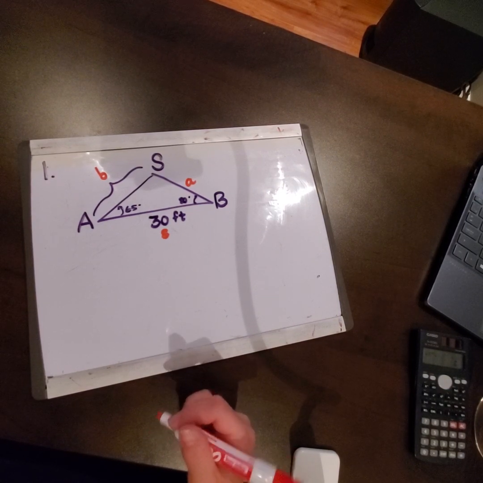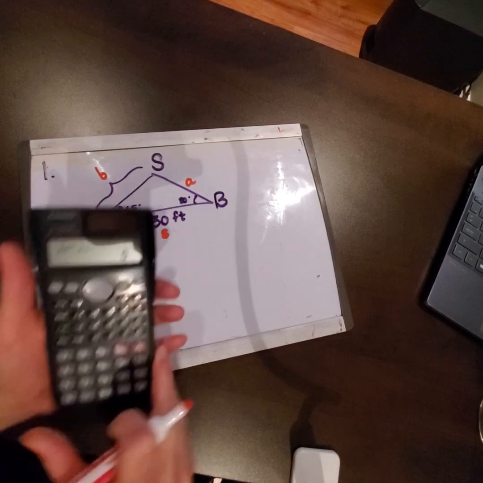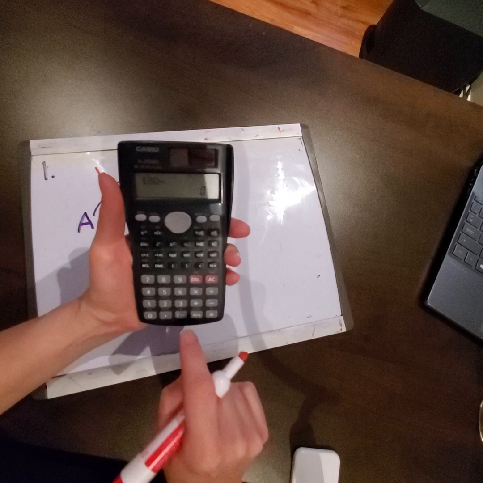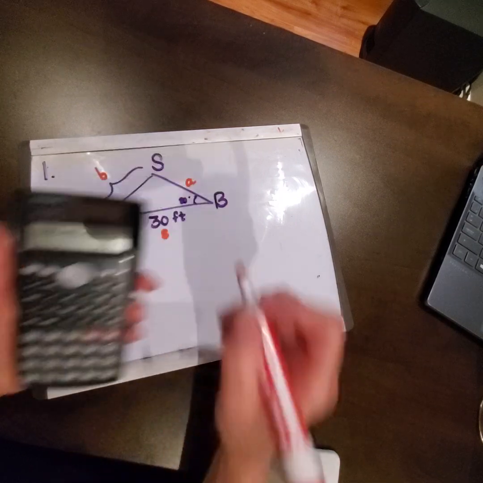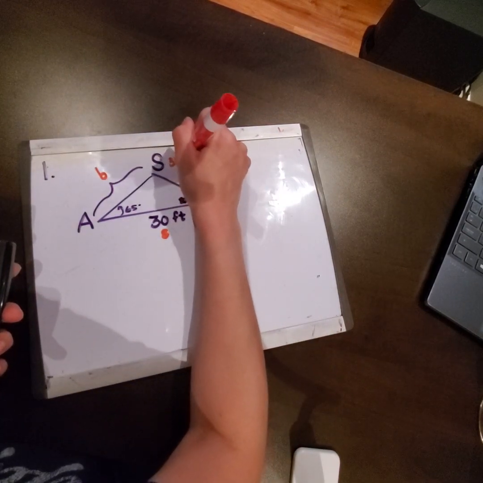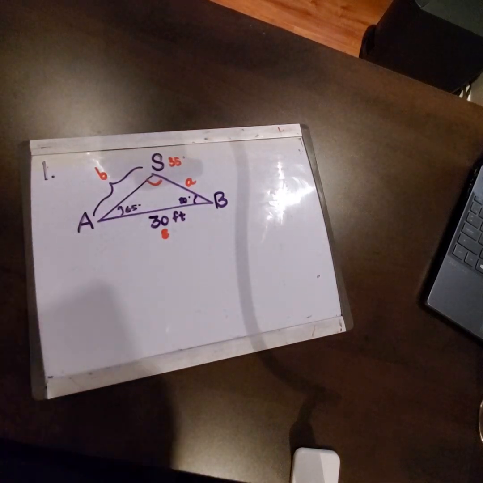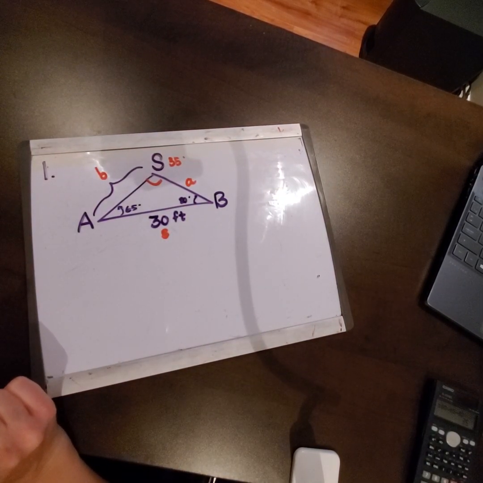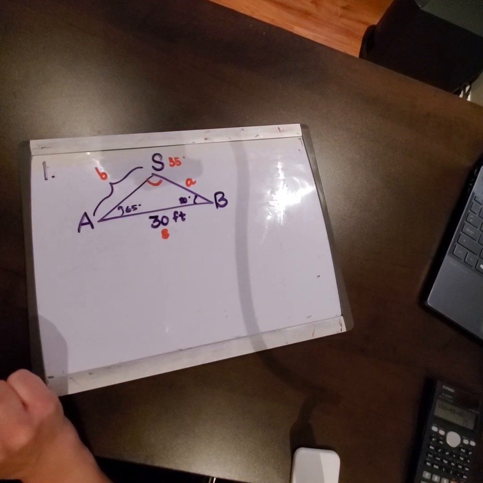And if I wasn't 100% sure of that, I could just take 180 and subtract the angles that I was given, 65 and 80, and this guy is 35 degrees. So for sure, there is no 90-degree angle. So that means I'm either going to use the sine law or the cosine law. I know I'm not using the cosine law as it applies to three sides because I only have one side.